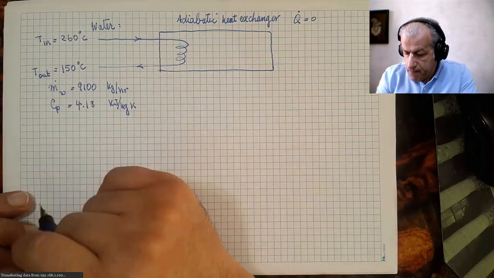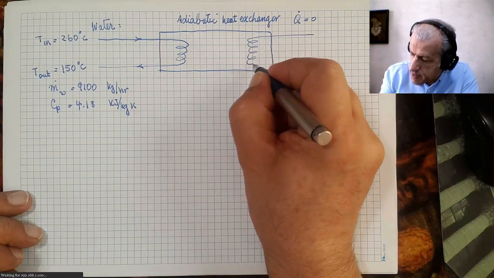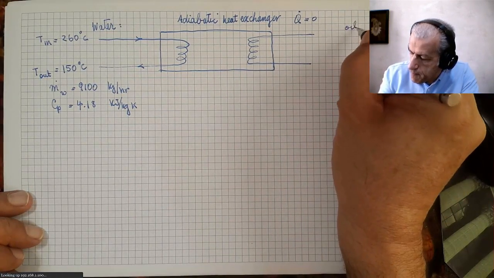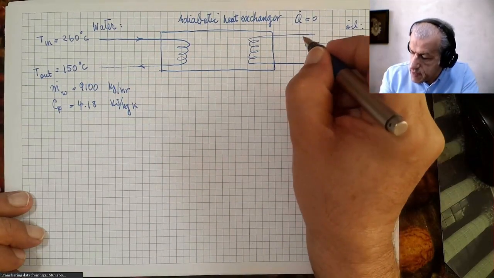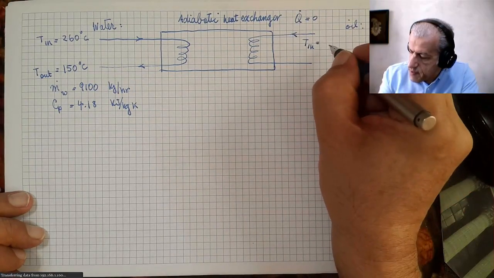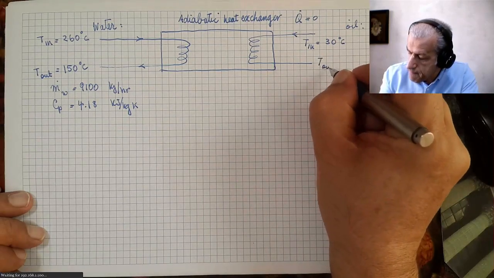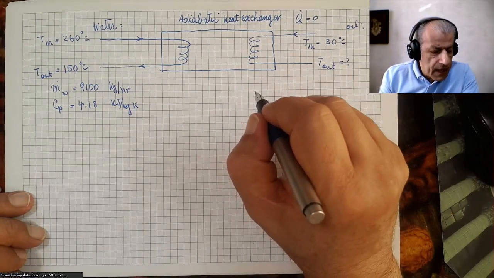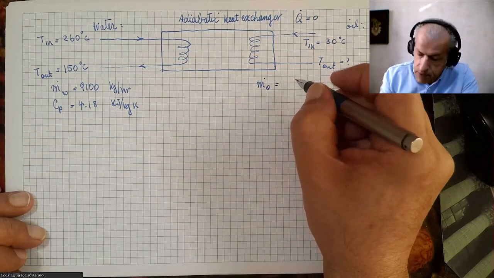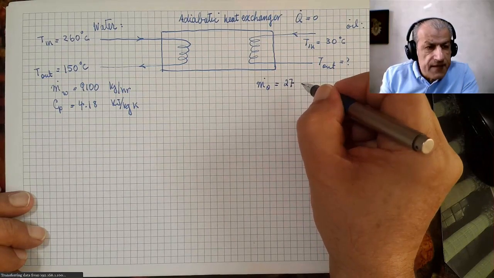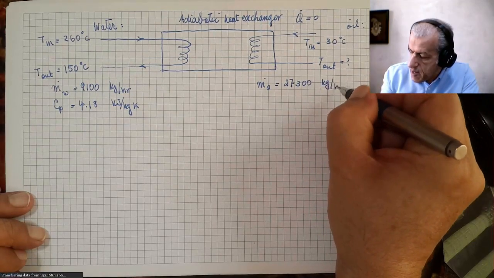Now, this is water. On the other side, there is oil. What we know about oil is that the inlet temperature T in is 30 degrees C. We don't know T out, but we know its mass flow rate, m dot O, equals 27,300 kilograms per hour.